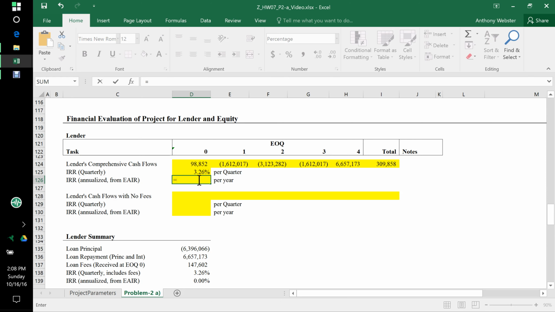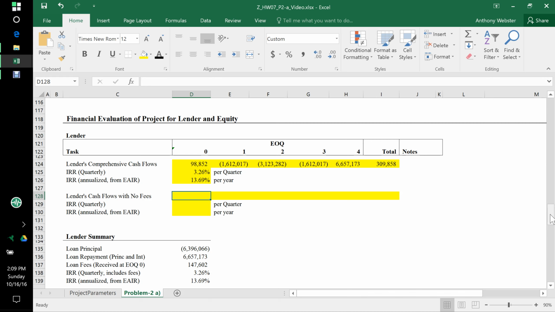So that's going to be equal to 1 plus the quarterly number raised to the number of compounding periods per year, which is 4 in this case, minus 1, and that gives us 13.69%.